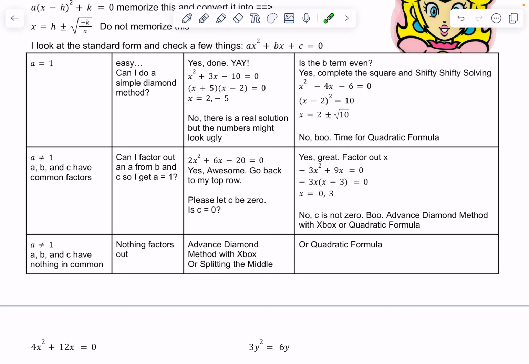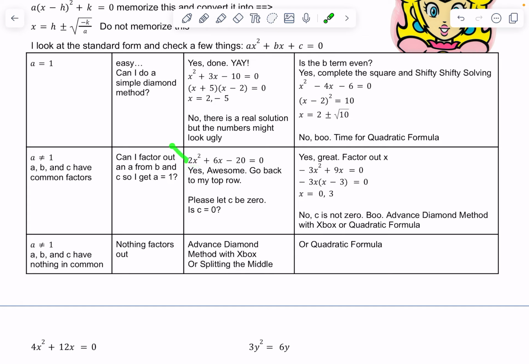All right, if the a is not equal to 1, but there are common factors, hey, can I just factor out something so that a ends up equal to 1? Look at this example right here. There's a 2x squared, a 6x, minus 20. I can take out a 2. If I take out a 2 out of all of this, then my leading coefficient will end up being back to 1.